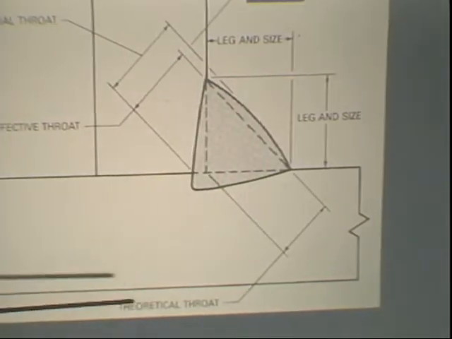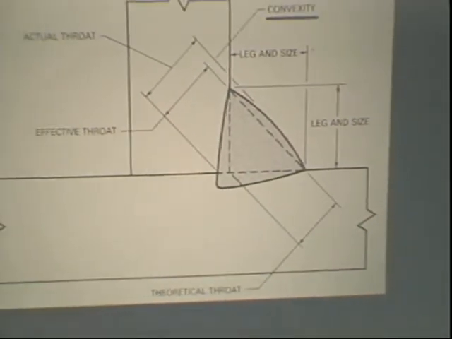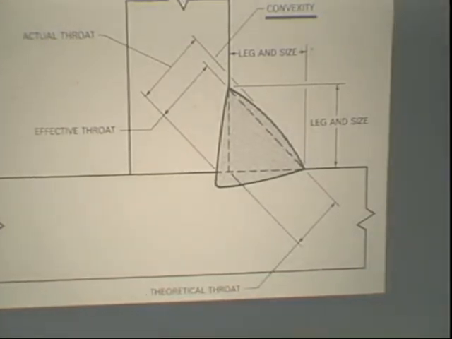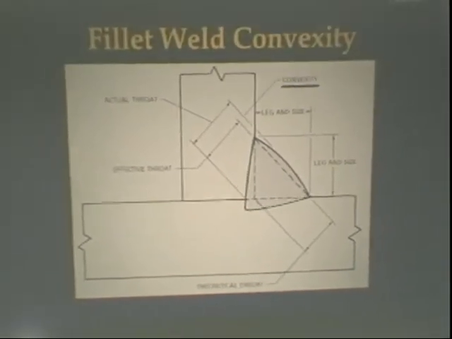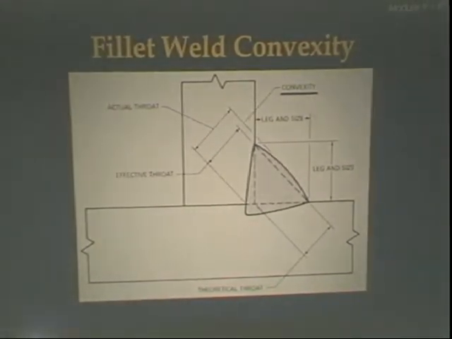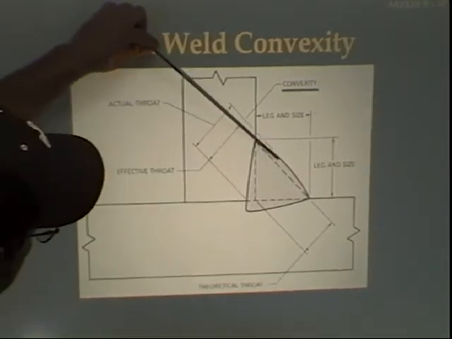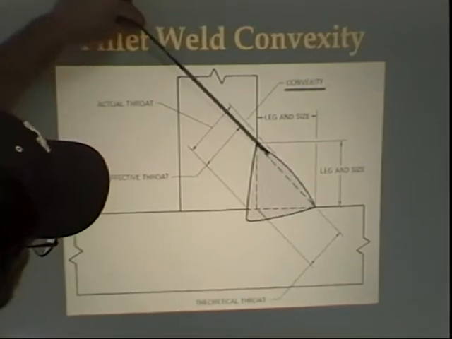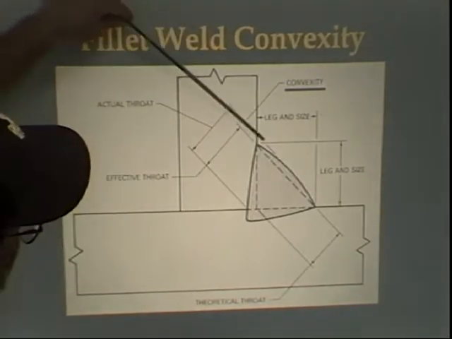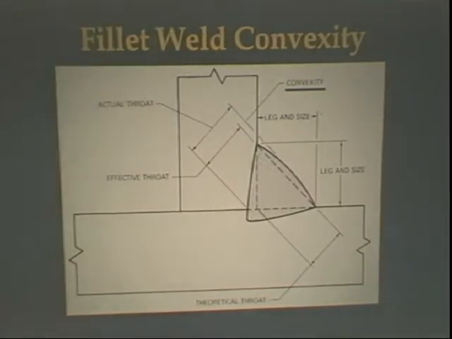So remember we had the theoretical throat, the effective throat, and the actual throat. So anyway, this material right here is excess. That's unnecessary. And if we get too much of that, then that will create a stress riser.